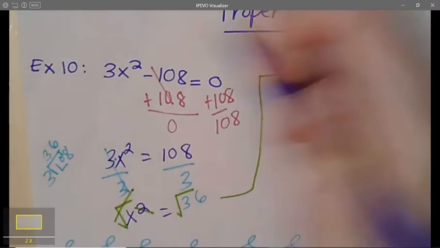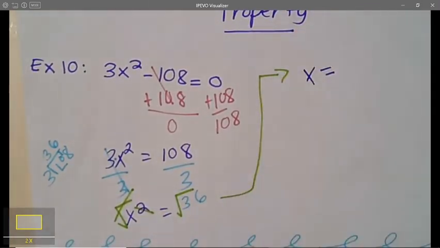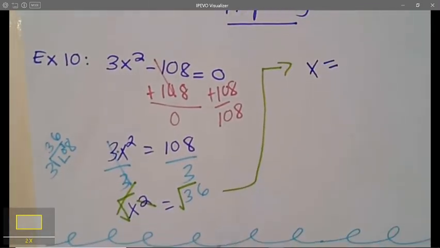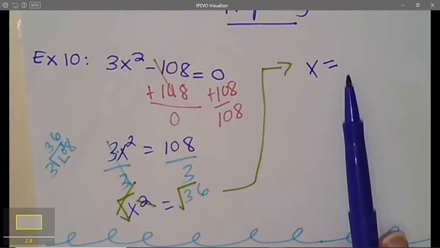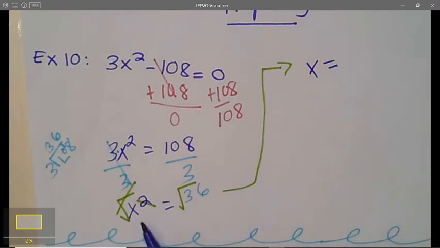So I'm left with x equals, now, we have talked about this before, but whenever you square root both sides of an equation, something will appear. You can think about it like this: what can you square to get 36? Well, 6 times 6 is 36, but also negative 6 times negative 6 is 36.